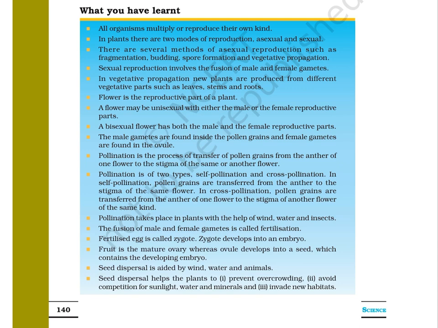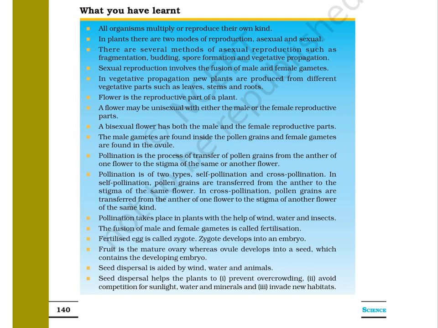5. In vegetative propagation, new plants are produced from different vegetative parts such as leaves, stems, and roots. 6. Flower is the reproductive part of a plant. 7.